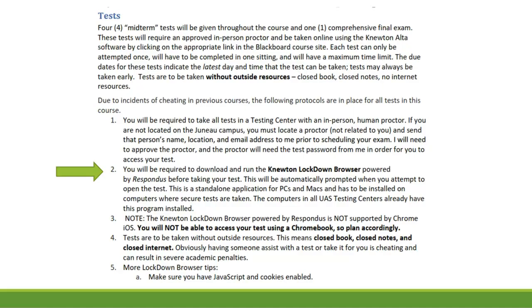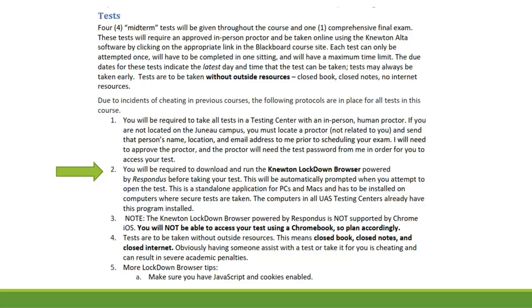You will be required to download and run the Newton Lockdown browser powered by Respondus before taking your test. This will automatically be prompted when you attempt to open the test. This is a standalone application for PCs and Macs and has to be installed on computers where secure tests are taken.